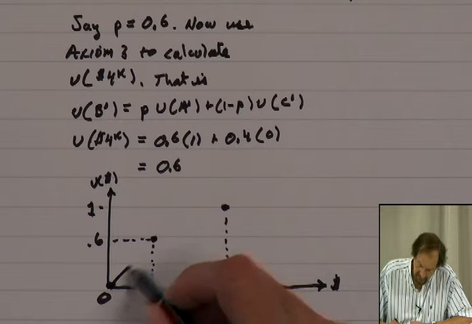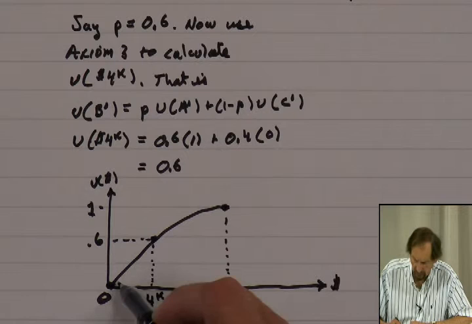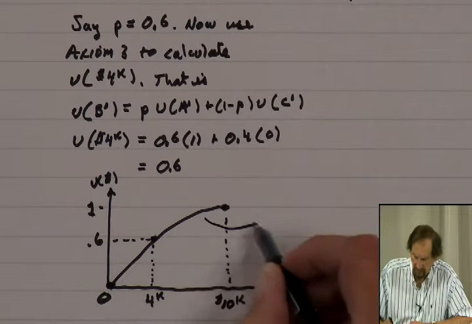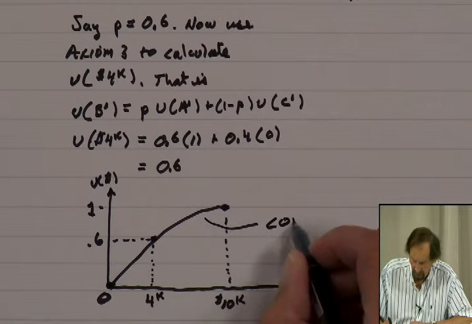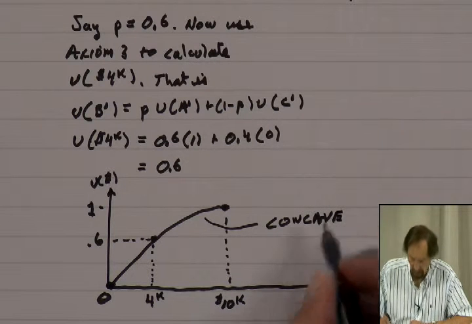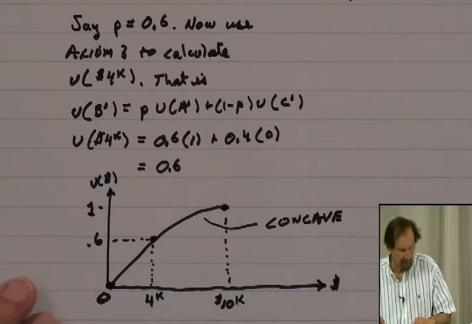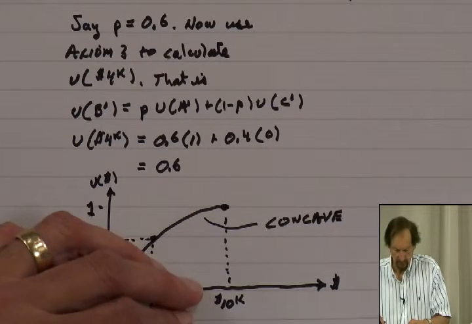So what we see is that we have a function that is concave.